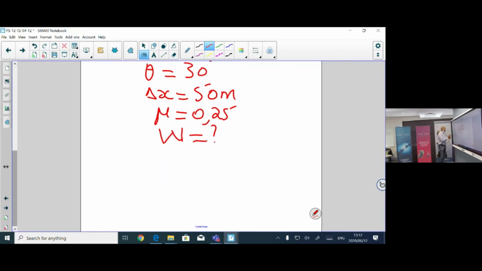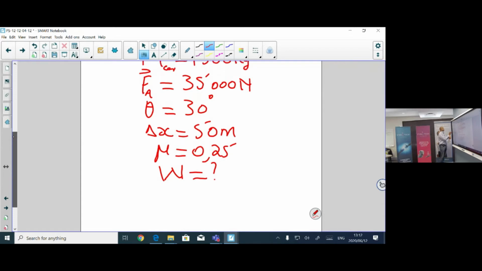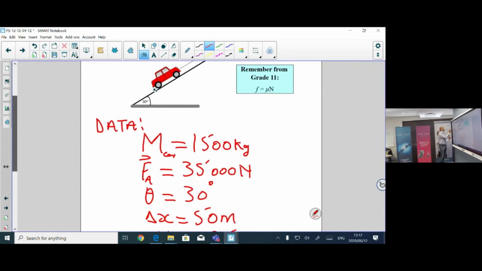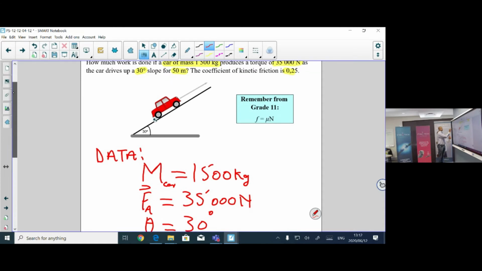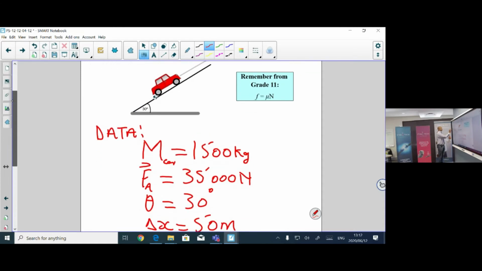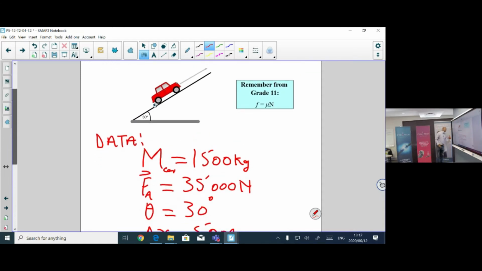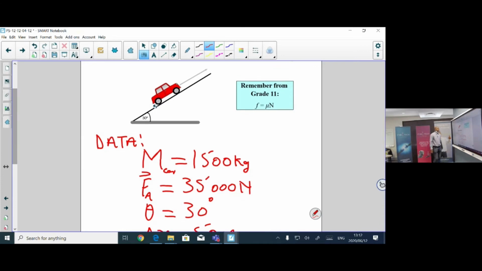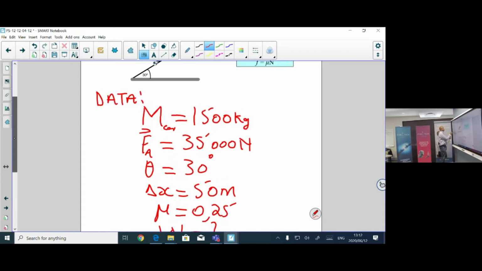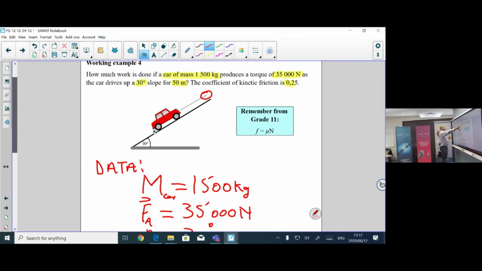Okay, while I'm busy working out here, I need you to work out as well. If we go back to our object, the object is here. We have a force, that is the upward force. And then because of the coefficient, we have been given the coefficient of kinetic friction.